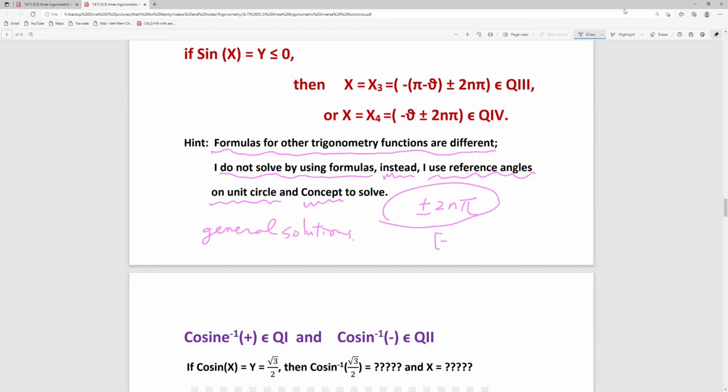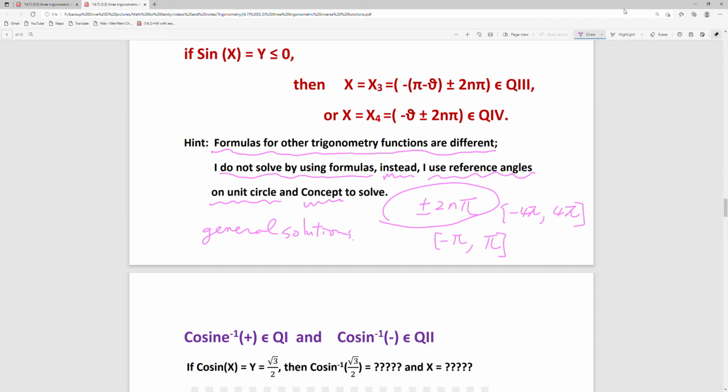Sometimes they ask you to find the answer from negative pi to pi. Sometimes they ask you to find the answer from negative 4 pi to positive 4 pi. Who knows? So you only need to choose the answer from there. That type of question, I will show you how to choose the answer without formulas from the range they ask you to find the angles.